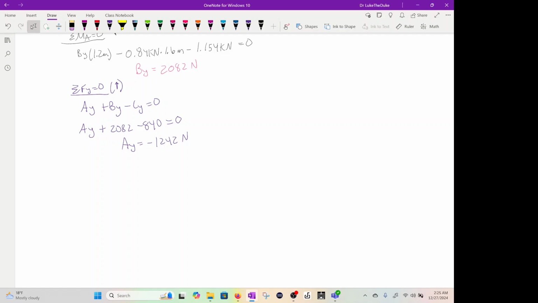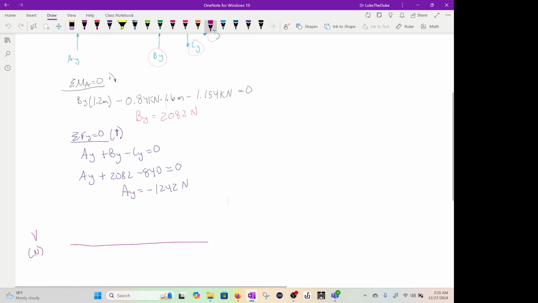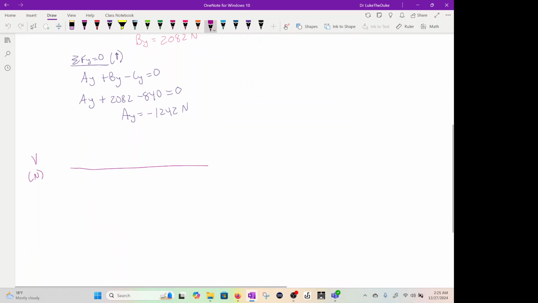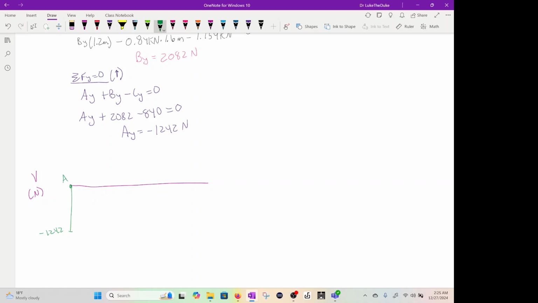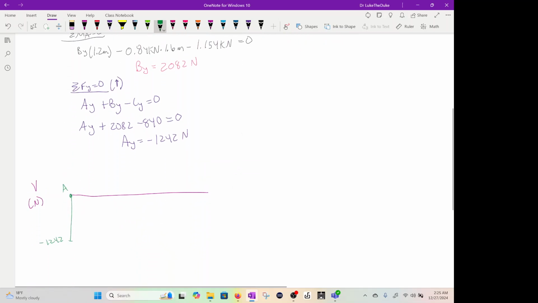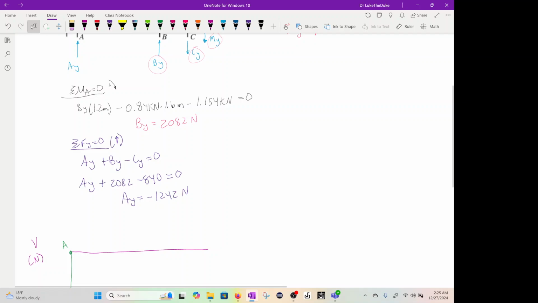So let's look at the shear and moment diagram. So we got V in newtons. Okay, so AY is actually going down. So it goes down. This is negative 1242. Okay, and we'll do this as point A. And then let's do it kind of right here is point B, and then here is point C. Okay.